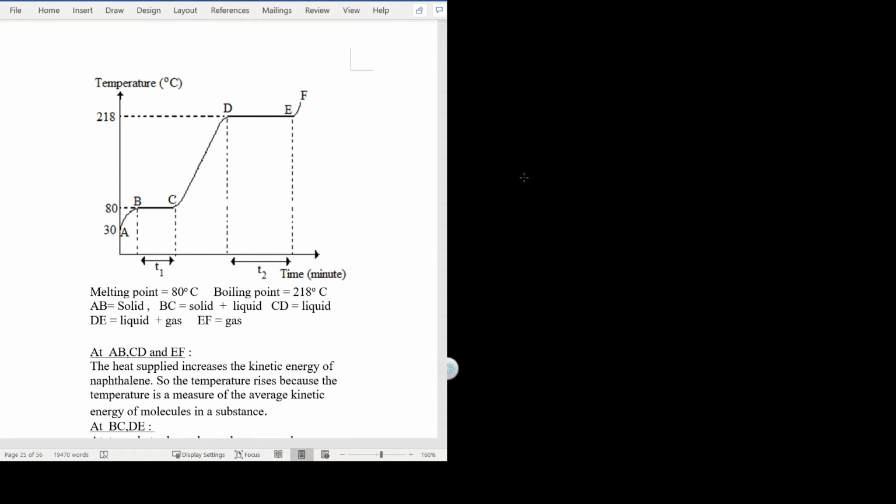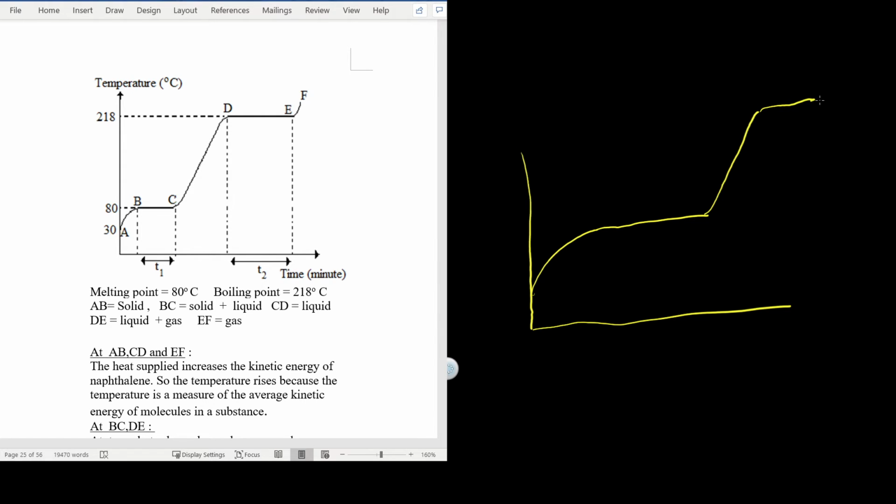So this is our heating curve, and we start here, then the first flat line, the horizontal line, then the temperature increases, then the second line, and then the temperature increases. Let's say that is A and B. B is where the line starts to become a flat line.